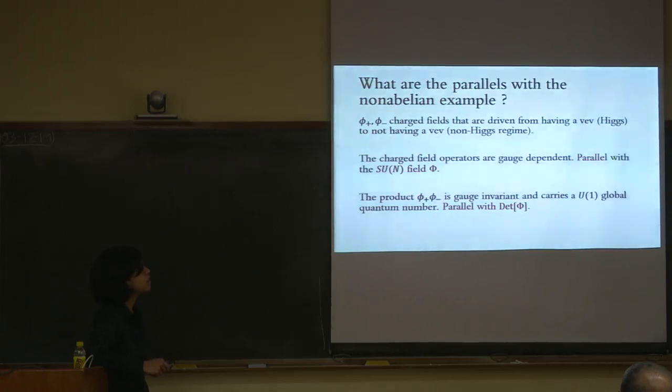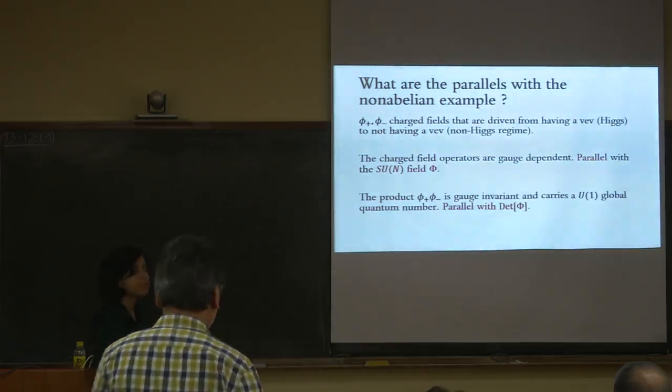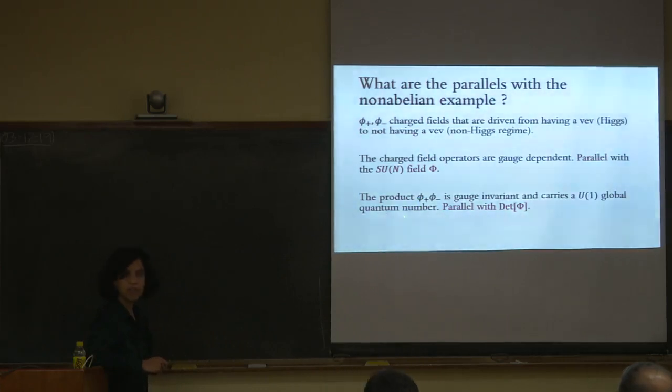So they are sort of analog of the n by n matrix valued fields that I had. And on top of that, the product of phi plus and phi minus is gauge invariant, and it carries a U1 global quantum number. This is the parallel with the determinant of the phi. Okay. So that's the comparison.